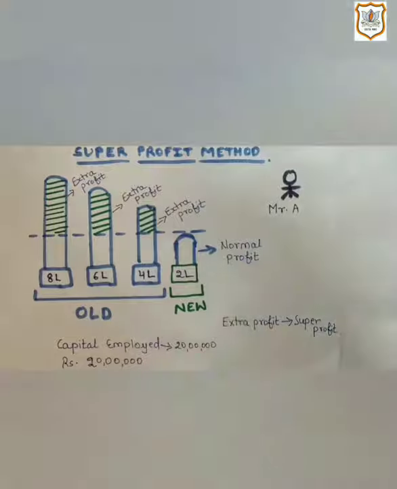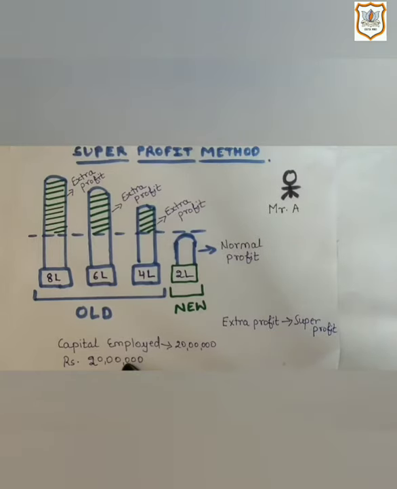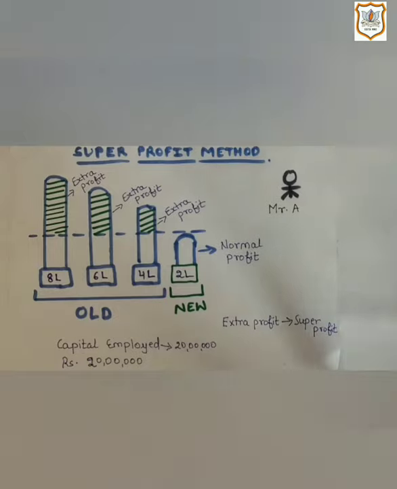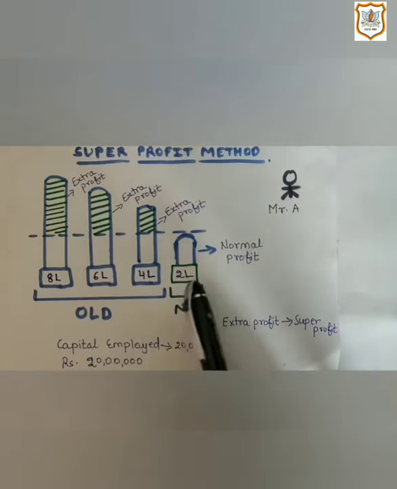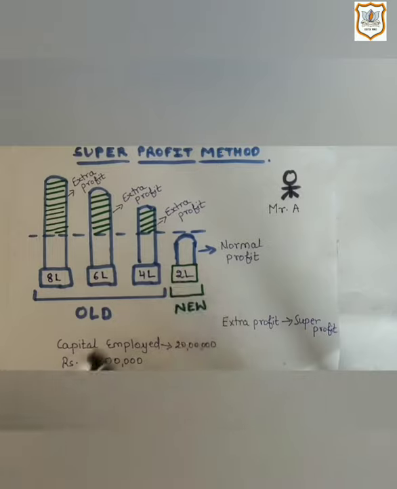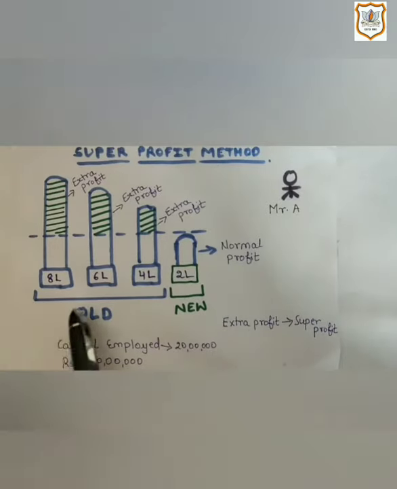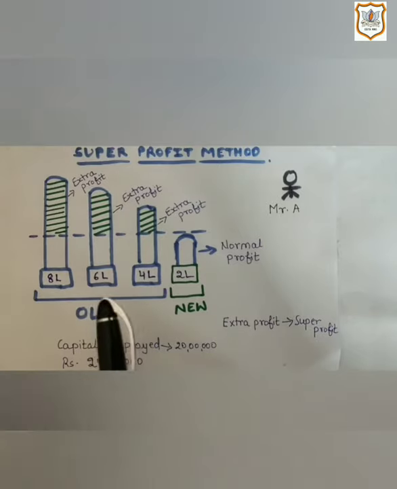Now if Mr. A goes with the second option, if he creates a business from nothing, let's say he has invested the capital of rupees 20 lakh and starts a business, then he will earn some minimum profit. Let's say he earns rupees 2 lakh on the capital of rupees 20 lakh. Now the question arises, why can't he earn profit like old businesses or old players in the market?